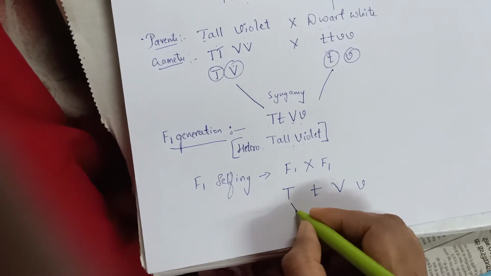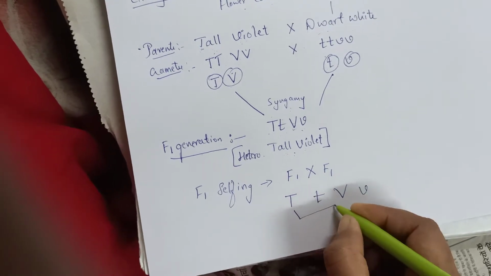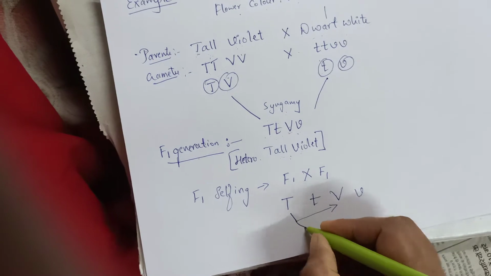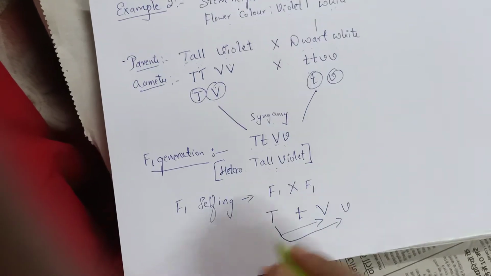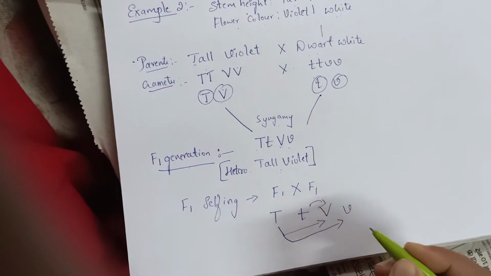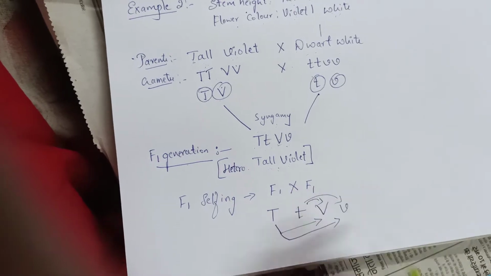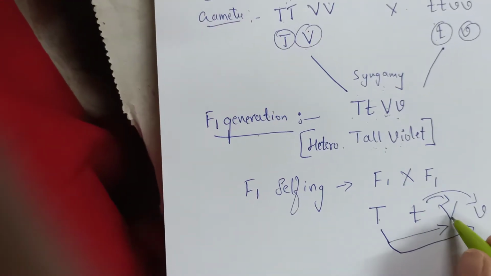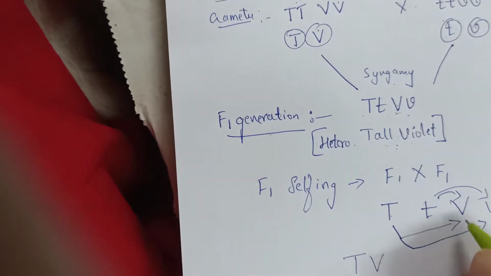Just you need to cross capital T once with capital V and once with small v. Then small t with capital V once, small t with small v once.